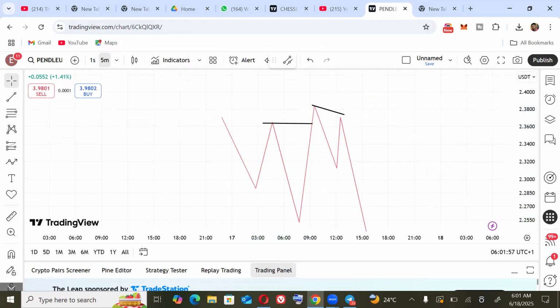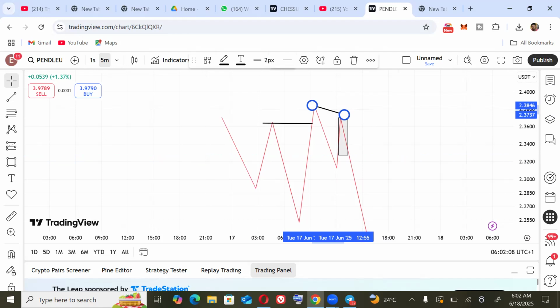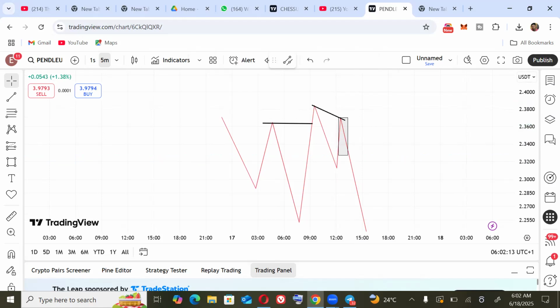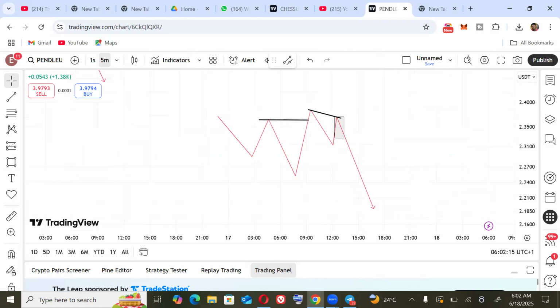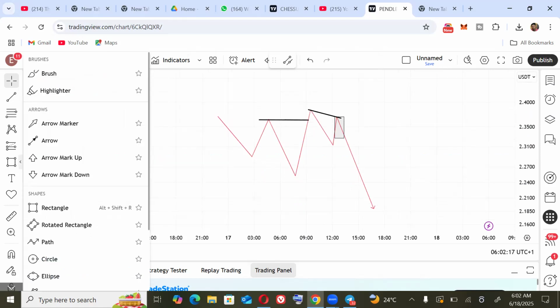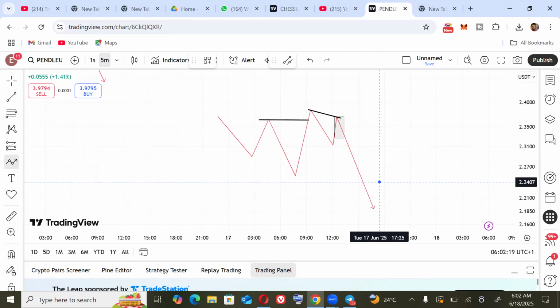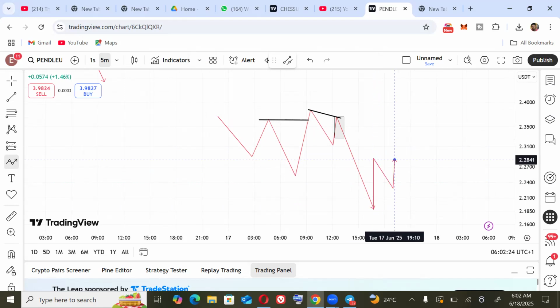So in here, we want to see our fair value gaps. I want to see our fair value gaps inside here, like so. And then price comes back in the future to do this.